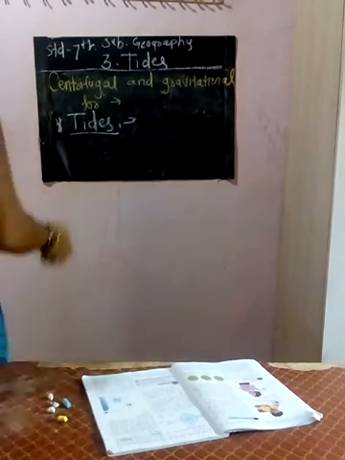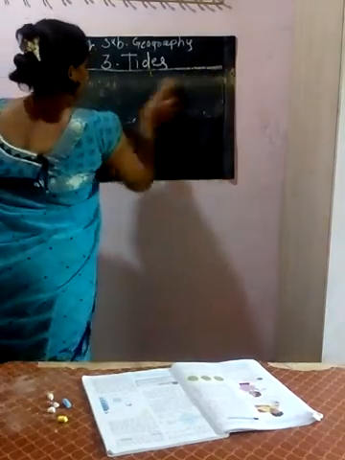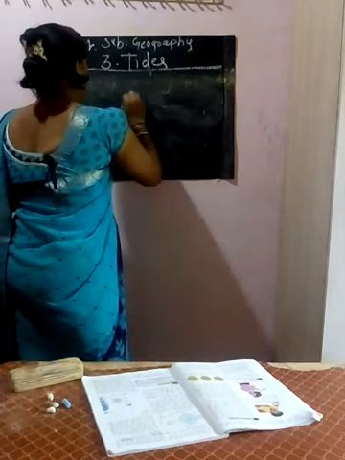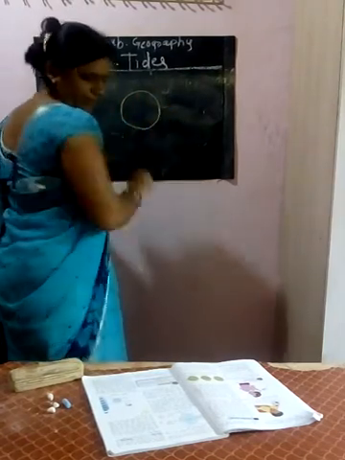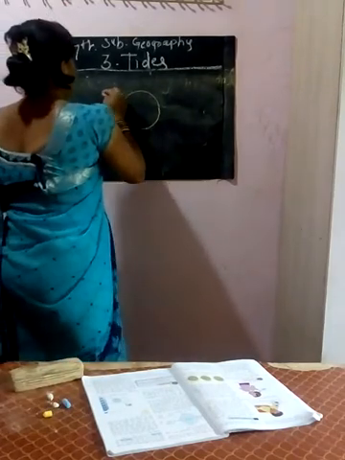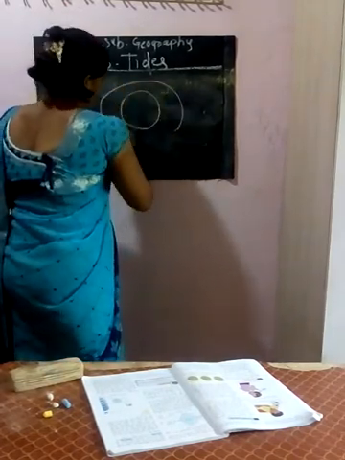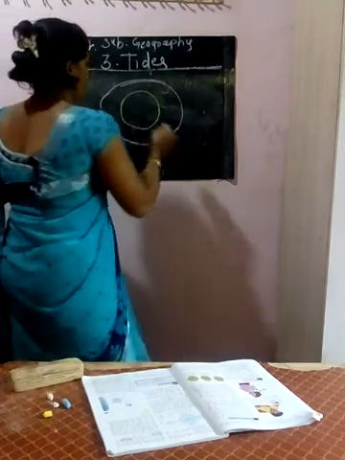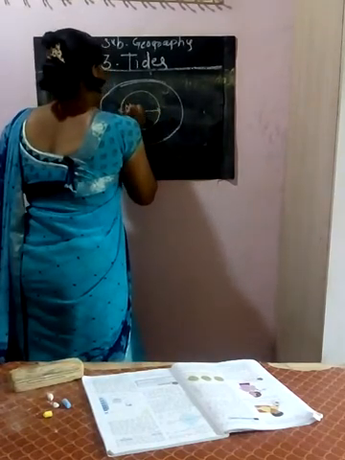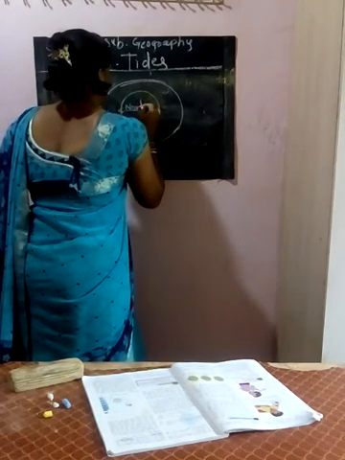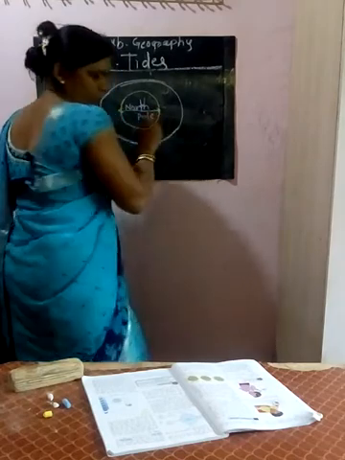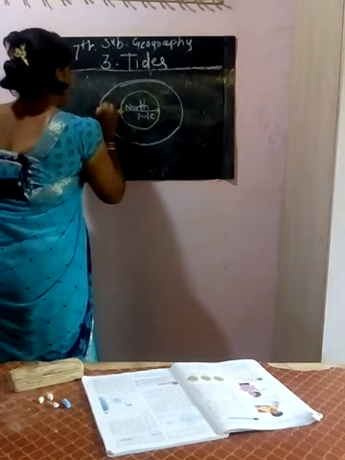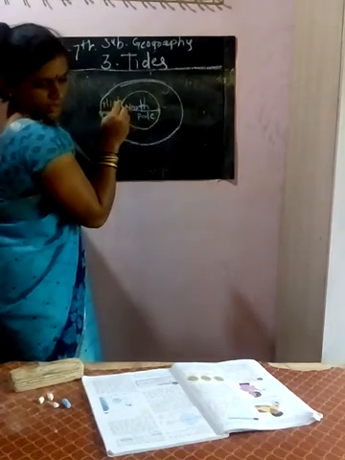Here one diagram is given. North Pole. Then high tide. Here high tide, and here high tide.